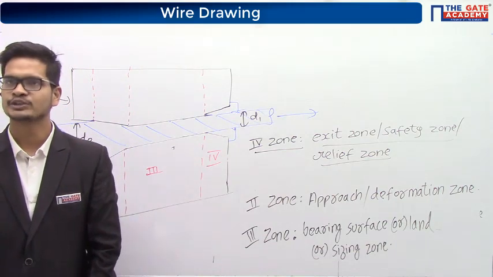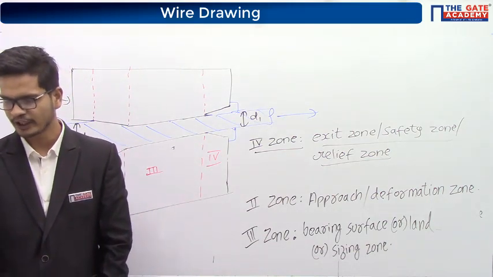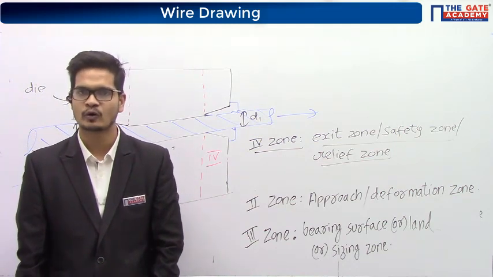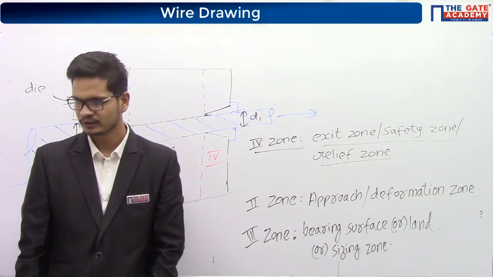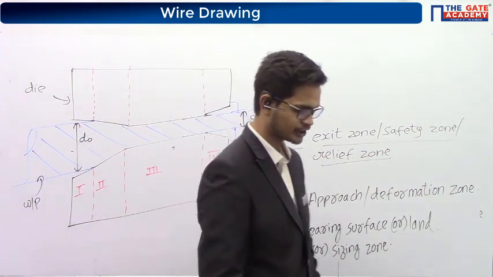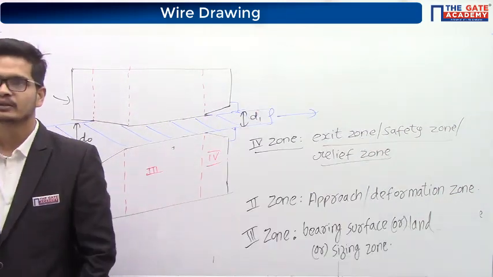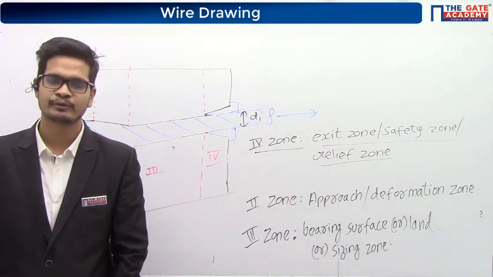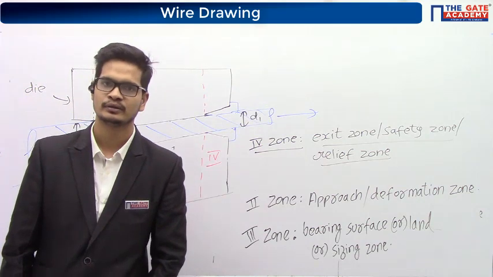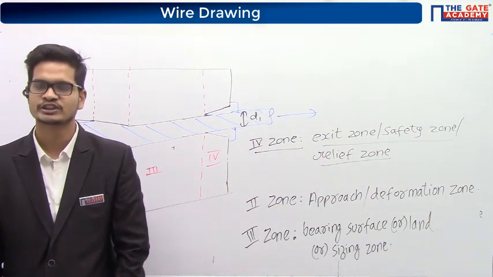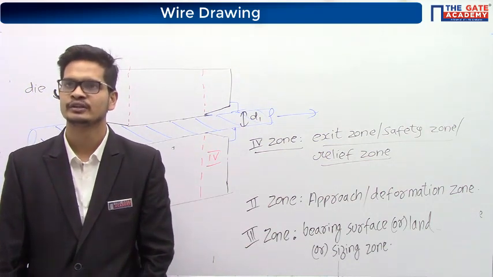When lubricant comes out of zone 3, because of high pressure, it may fall on the person standing in front of it.